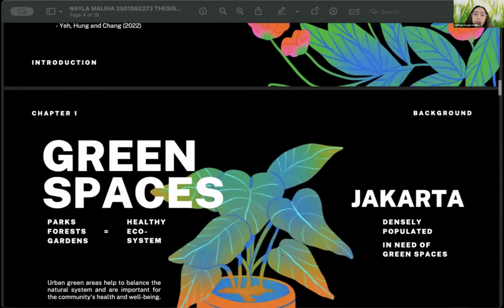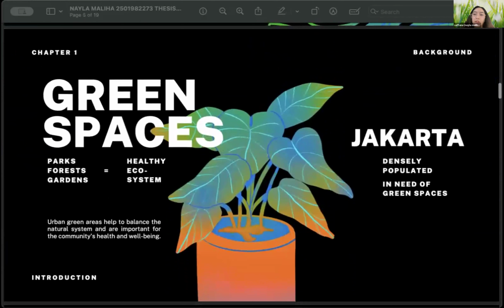Green spaces are open areas designated for parks, forests, and gardens, all of which are necessary components of a healthy natural ecosystem. Urban green areas help to balance the natural system and are important for the community's health and well-being.